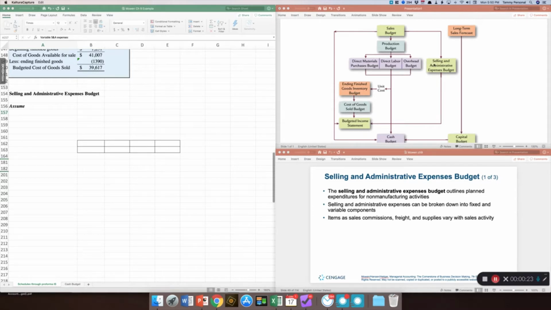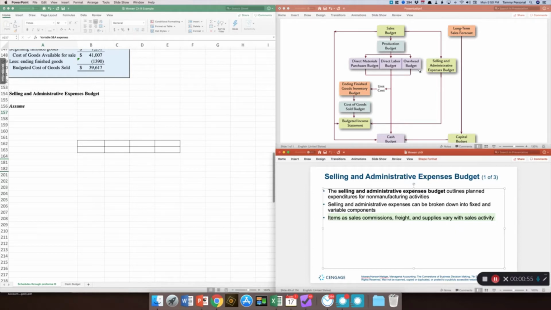and administrative expense budget. Okay, now this is similar to the manufacturing overhead budget. This is a little complicated because we break selling and administrative expenses down into fixed and variable components. And the variable components, things like sales commissions and freight and supplies, we assume that those vary with the levels of sales, right?